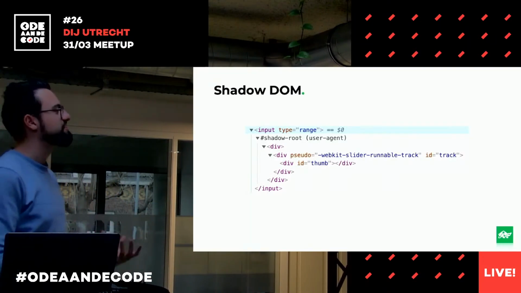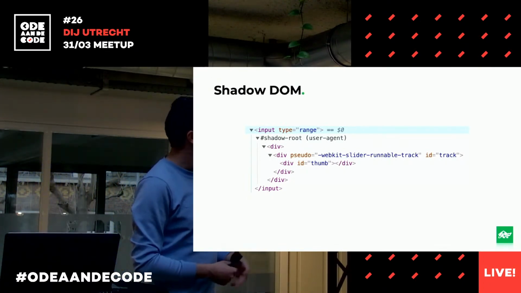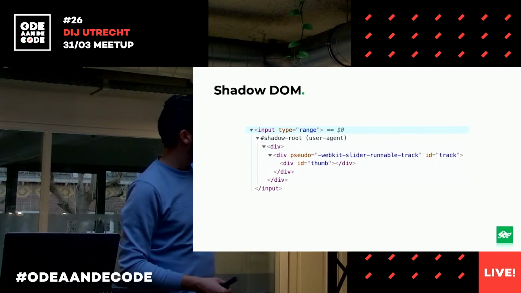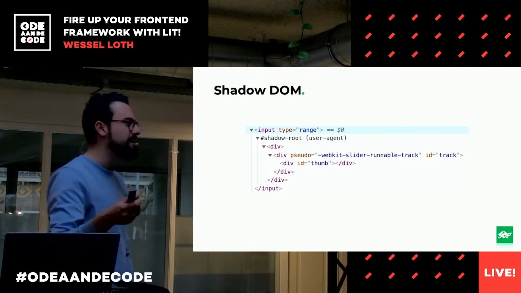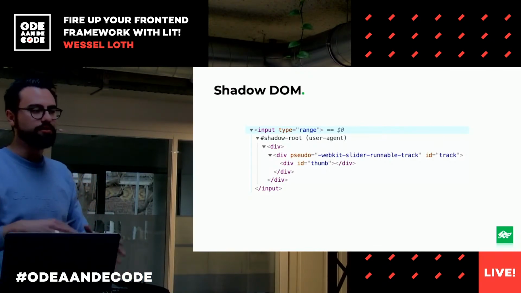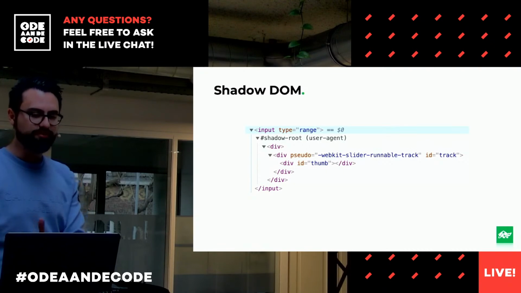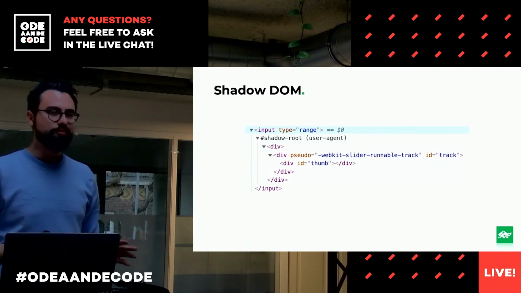What does it consist of? And you see that if you expand the shadow root of this element, you'll see a couple of divs, some classes, an identifier, the thumb that you slide to the left and right. It's all defined there. It's just abstracted away from you as a developer because you don't need to know anything about it. So those are the three standards that build up web components.